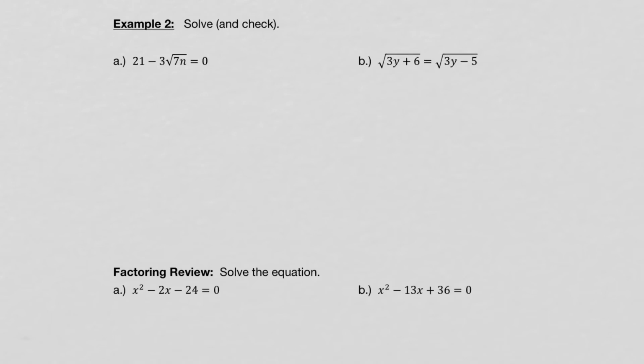Okay, so is the radical isolated? Well, definitely not. We got to take care of this 21 and this 3 in order to isolate that radical. So we're going to start with a 21. Then we can divide both sides by 3, or negative 3.